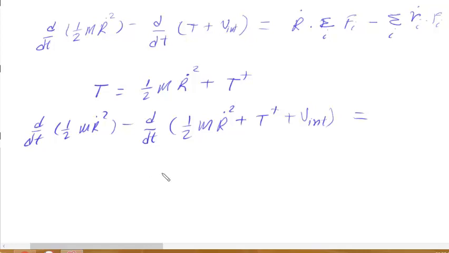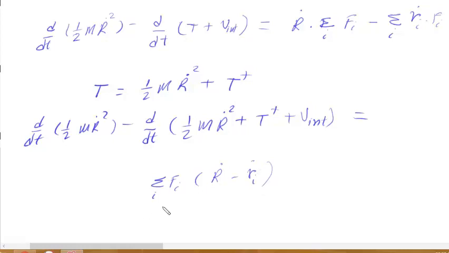And here we take the summation of Fi as equal to Ṙ minus Ṙi.